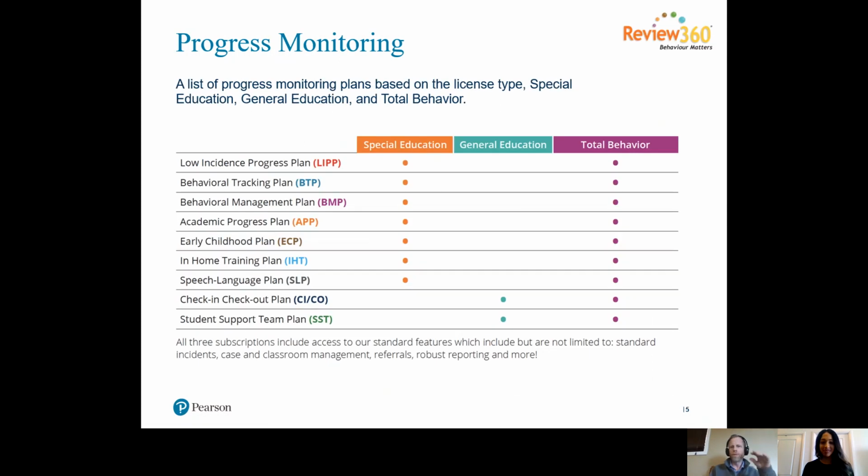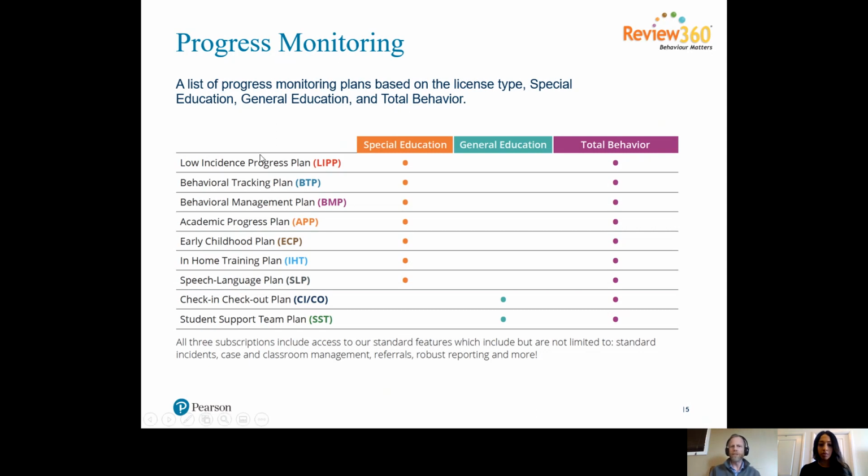Now, when we're looking at the progress monitoring, we have 3 subscriptions available within, say, Review 360. There's one that's meant for special education, general education, and then one that includes all of the above.